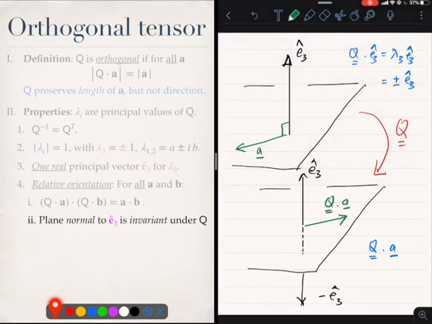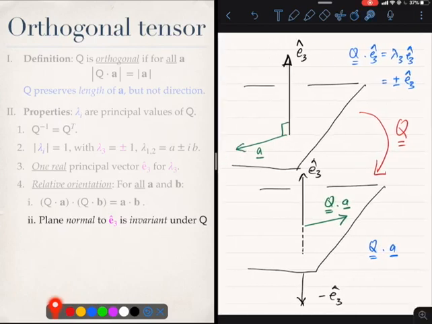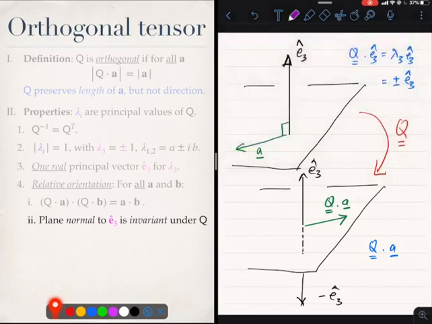It must remain on this plane because this angle must remain 90 degrees. So therefore this plane is called the invariant plane.